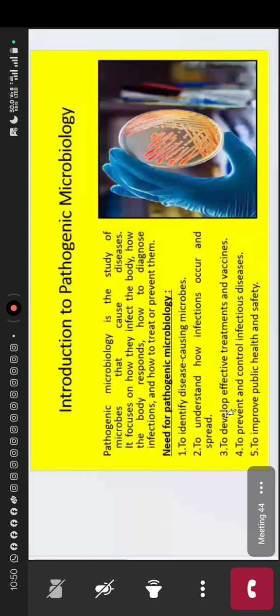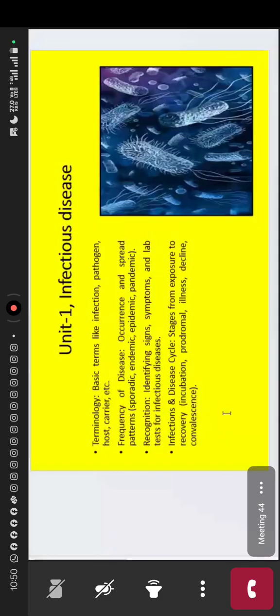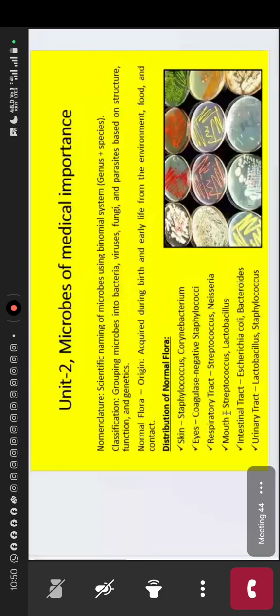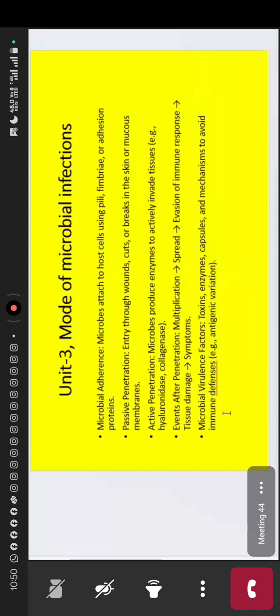You have unit 1, which is about infectious diseases: what are the infections, what are the diseases, how the diseases progress, what are the symptoms, how and when the symptoms arise, what is the virulence power of the microbes, what are the microbes of medical importance, what is normal flora, how the microbes transmit, how they cause the infections, what are the routes they take to penetrate the body of the host, right?